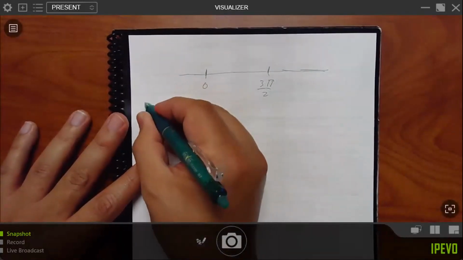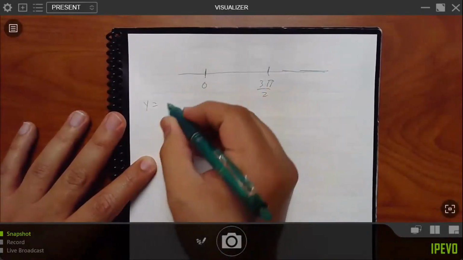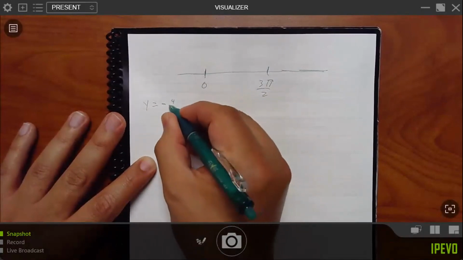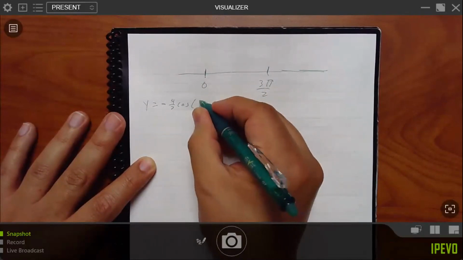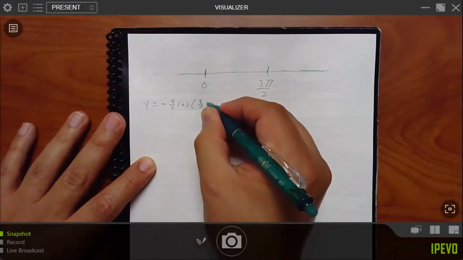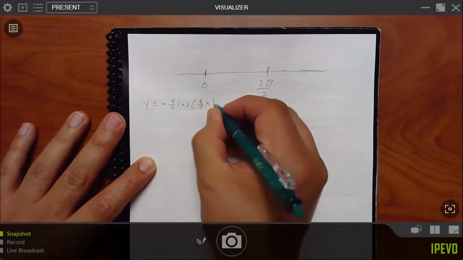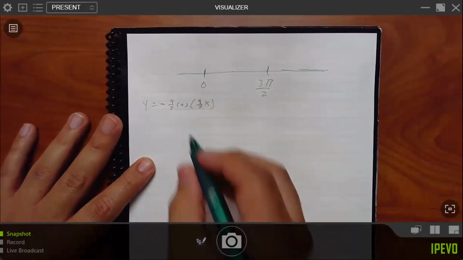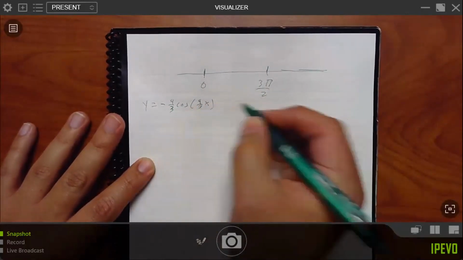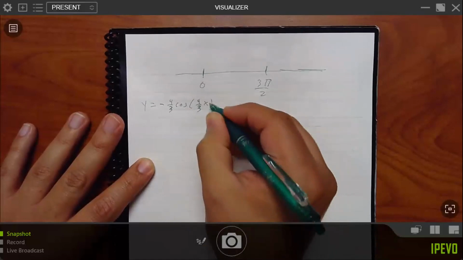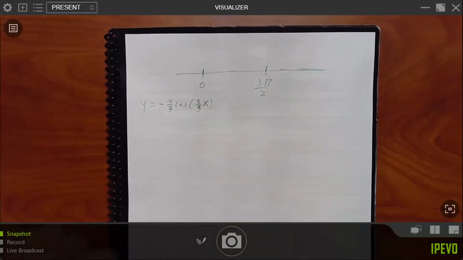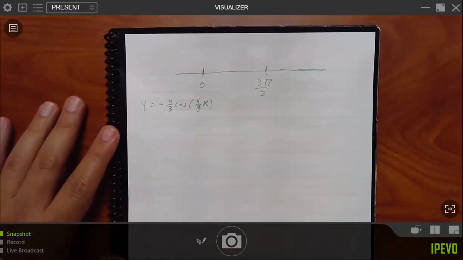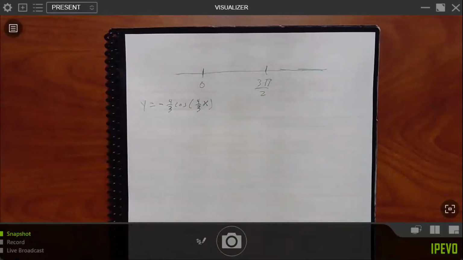And the function is the derivative of negative 4/3 cosine, right? The derivative is negative 4/3 sine. So we just plug them in and see what sign they are.